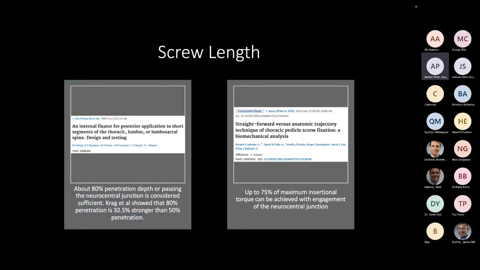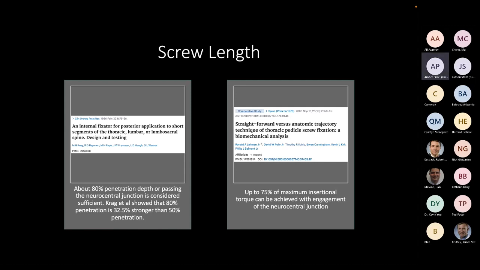And then screw length is important as well. So again, we said that the screw's main pullout strength comes from the pedicle. And so these studies looked at, well, how far into the body should you go, what's safe, and where do your returns kind of minimize versus your risks of breaching anteriorly. And they basically show that about 70 to 80% penetration is the max.